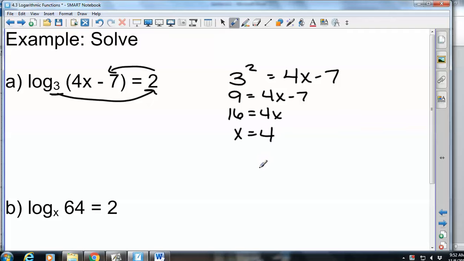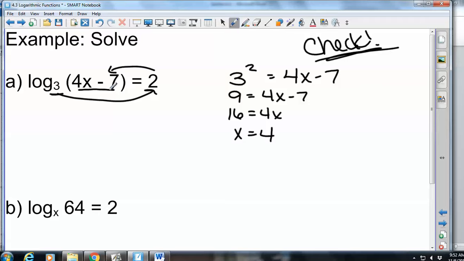Now, one thing is new on this. You need to always check your answers. In a logarithm, the base and the argument have to be positive. If I plug a 4 in here, do I get a positive argument? Yes, that's what you need to verify.